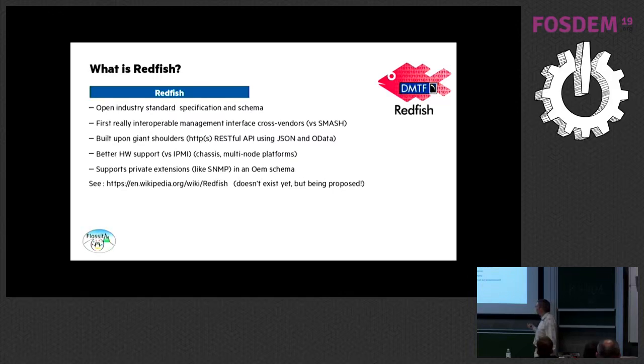Complex hardware setup could be a blade system with chassis where you want to address multiple servers inside a single enclosure, having a single management interface, or multi-node platforms.